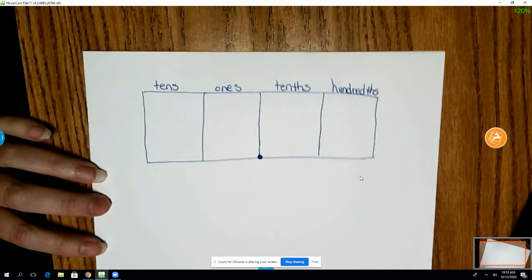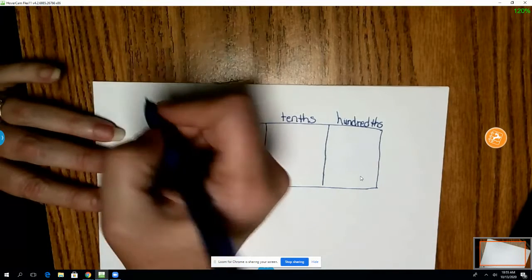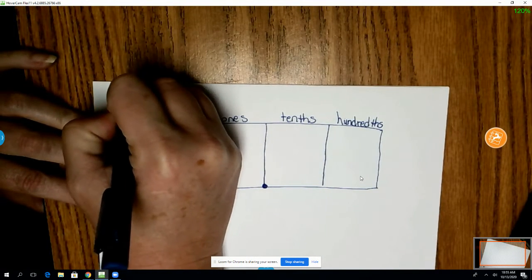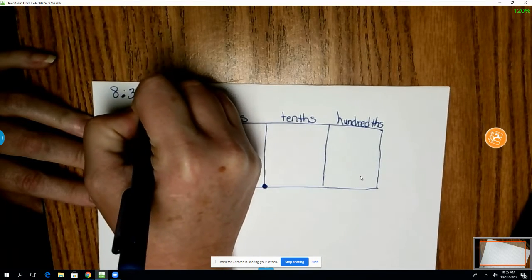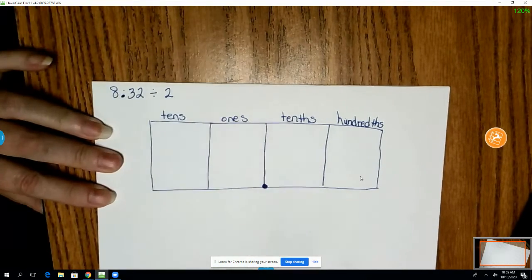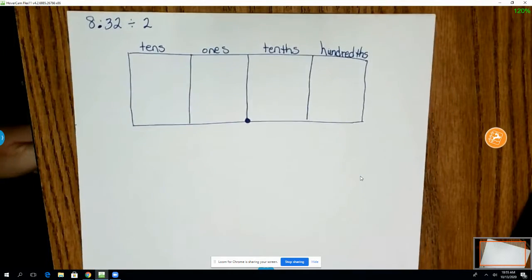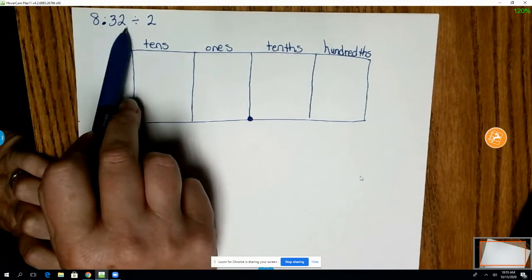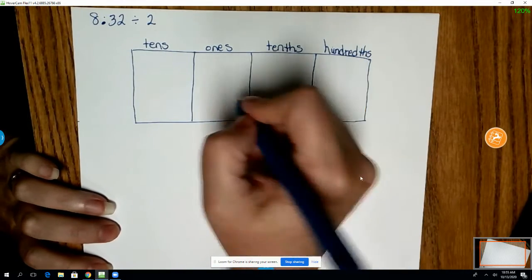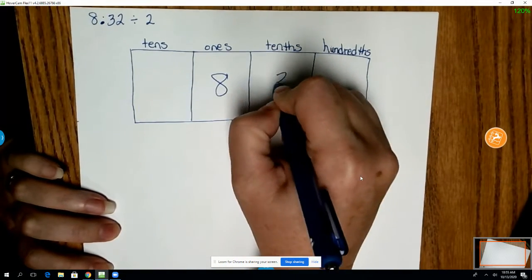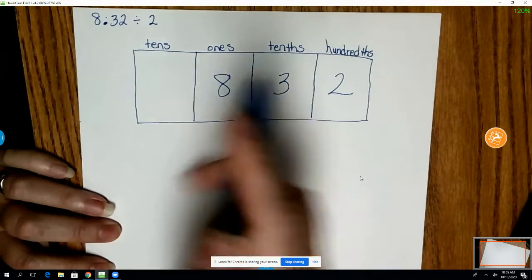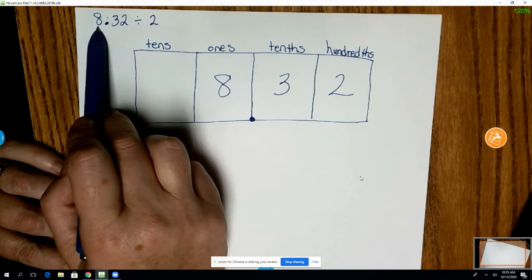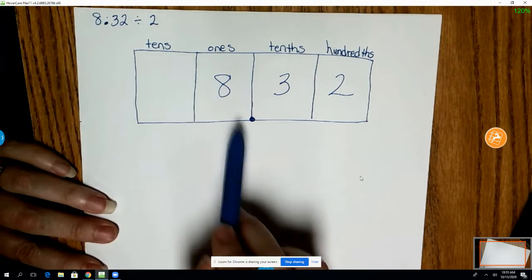Okay, so my problem is 8 and 32 hundredths divided by 2. The first thing I need to do is write my decimal in the place value chart. I know that 8 goes in the ones place because it's the only number that's before the decimal, just like here.